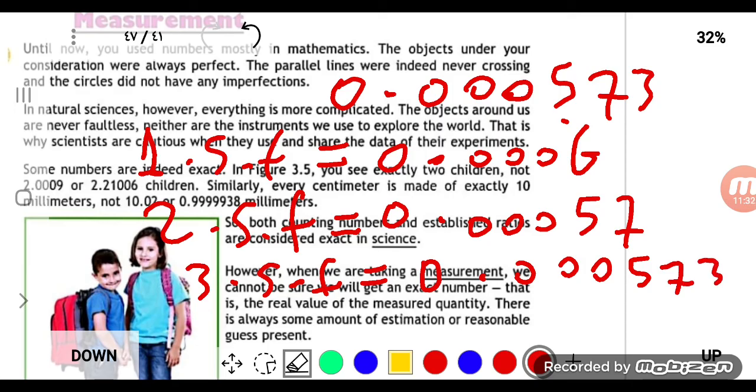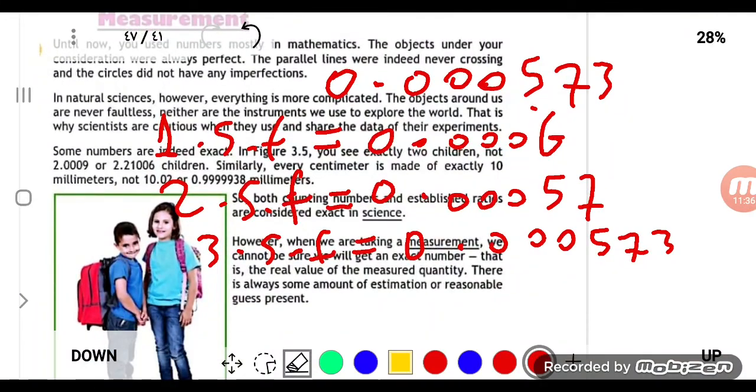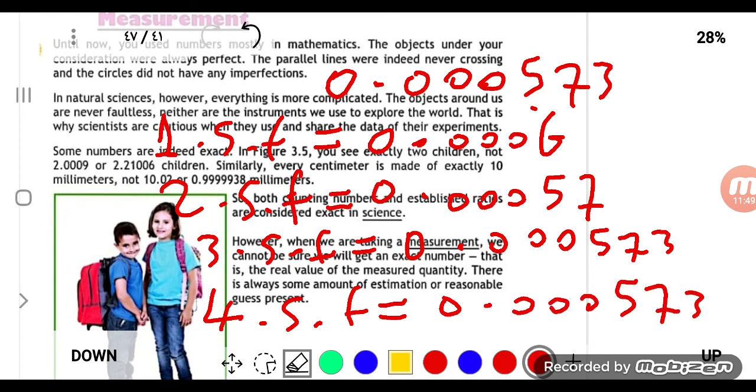Okay, this is written correct to three significant figures. For four sig figs, it will be 0.000573. We add another 0. This is now written correct to four significant figures.